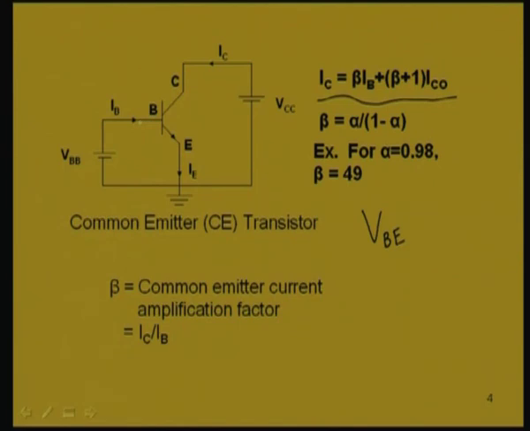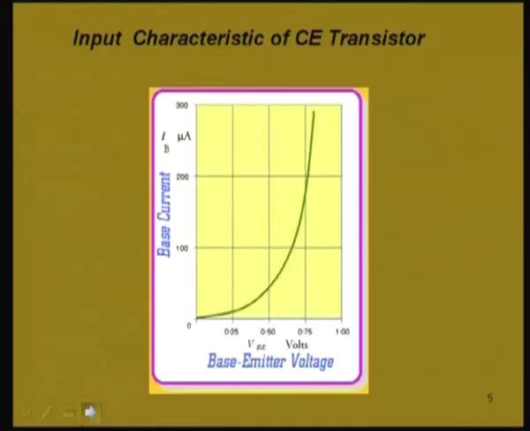Now, if we plot the current IB versus VBE, this VBE voltage is the voltage across the emitter base junction in the input circuit.